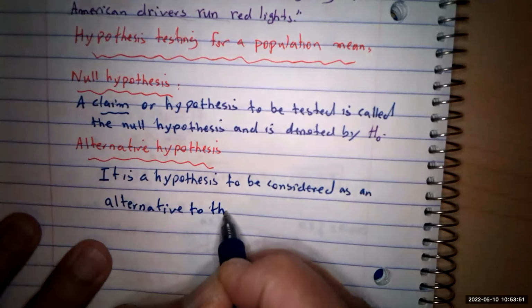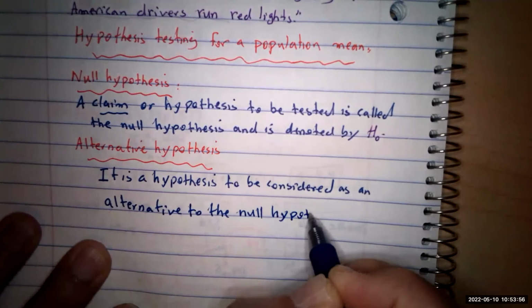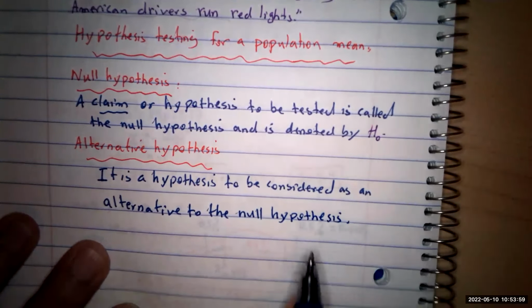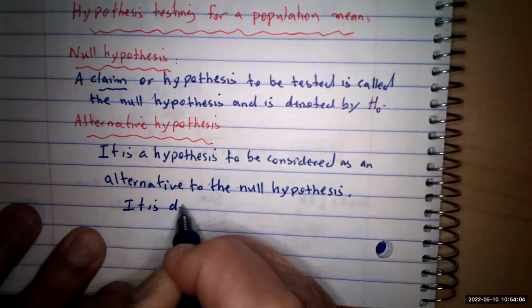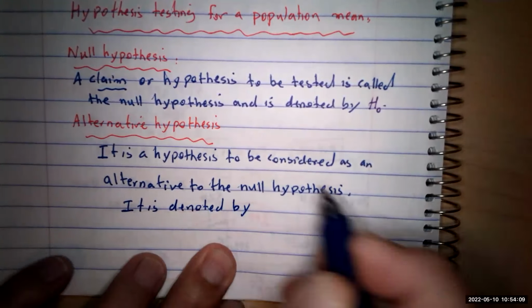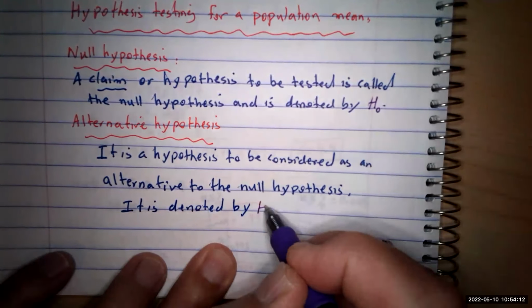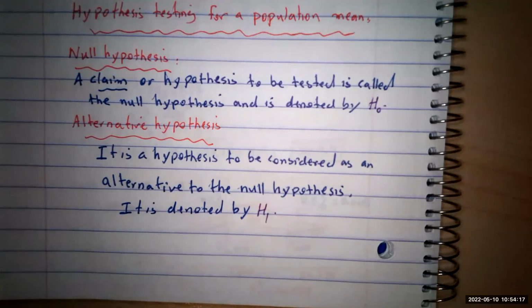So H0 is the null hypothesis, and H1 is the one we consider to be an alternative result.